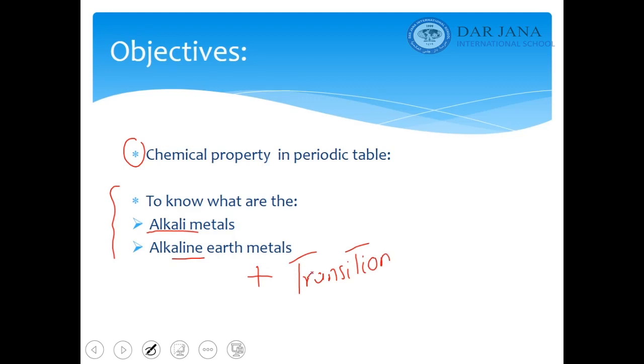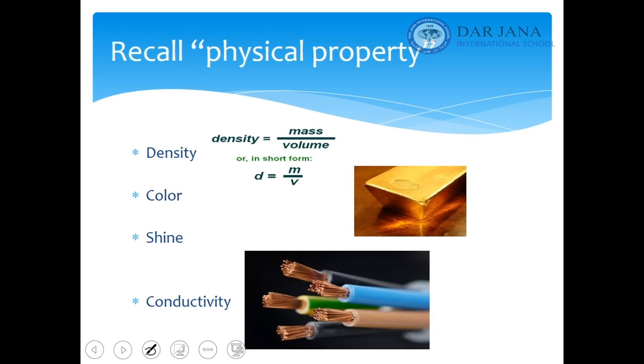Okay, so let's first do a little recap of physical properties. We know that matter has two types of properties. We have physical properties and the new chemical properties. So let's recall, physical properties are properties that can be detected with senses like color and shine.